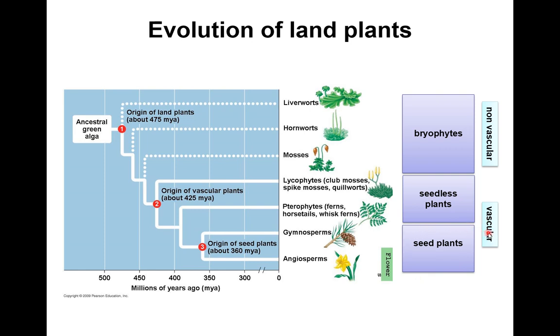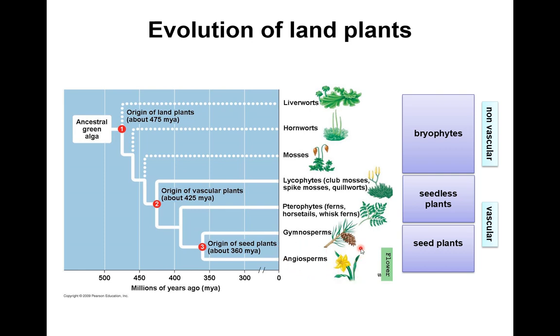So these are referred to as vascular seed plants. And these can be divided into gymnosperms, plants that do not encapsulate the seed within the fruit, and angiosperms that instead encapsulate the seed within the fruit that comes from the flower that they can produce.